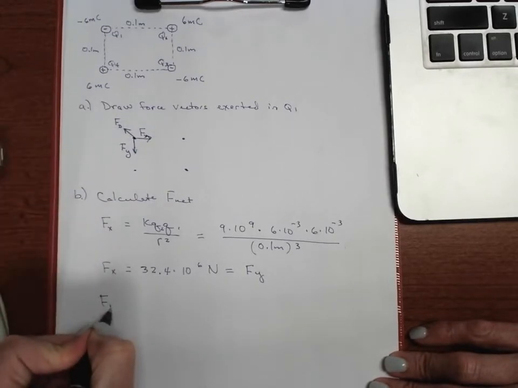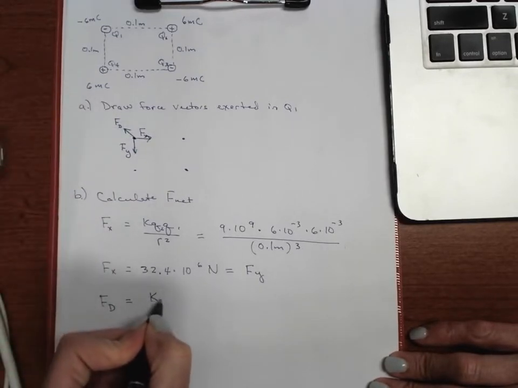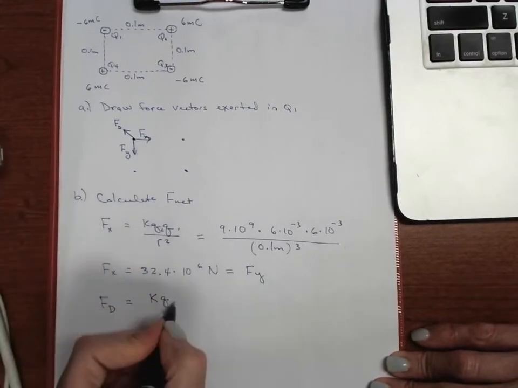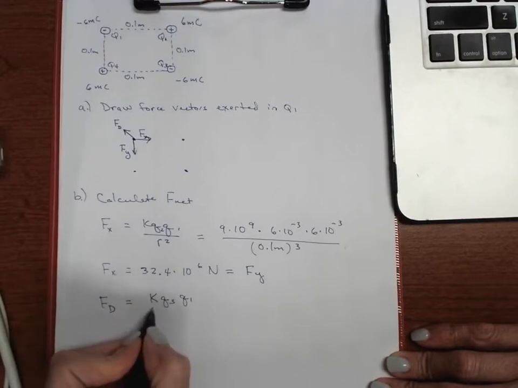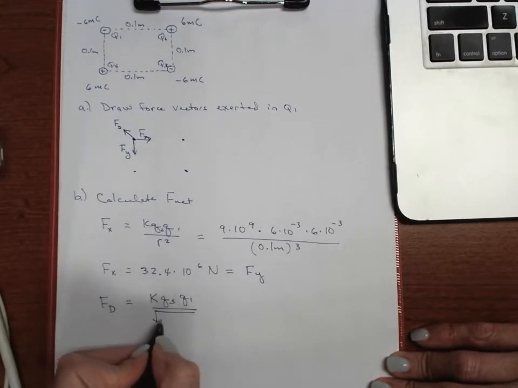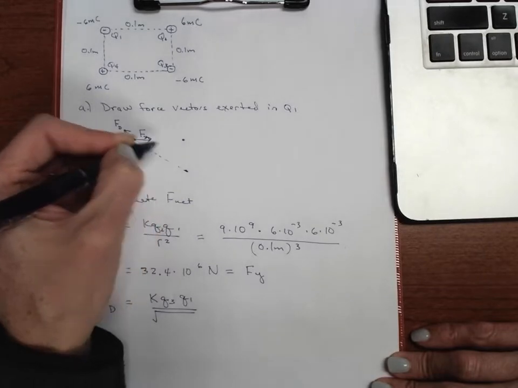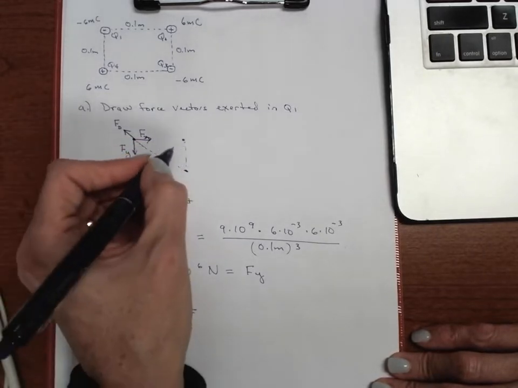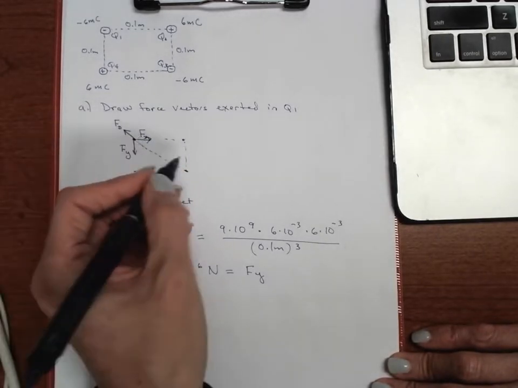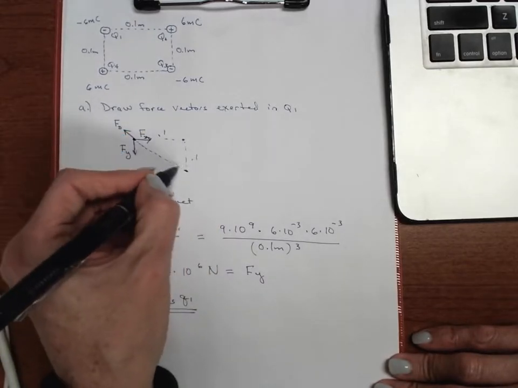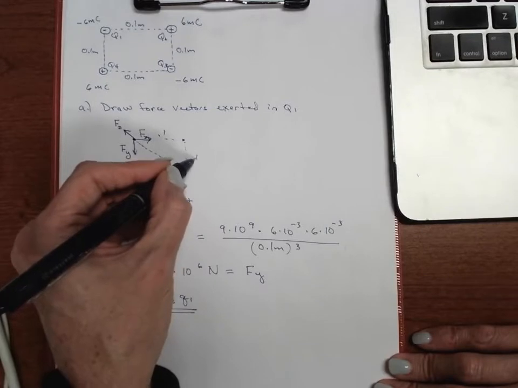So I'll call this my Fd, which is going to equal k Q3 times Q1 all over r squared, where r is going to be the square root of, so this is my diagonal. If this side is 0.1 and this side is 0.1, then this diagonal is going to be this squared plus this squared.